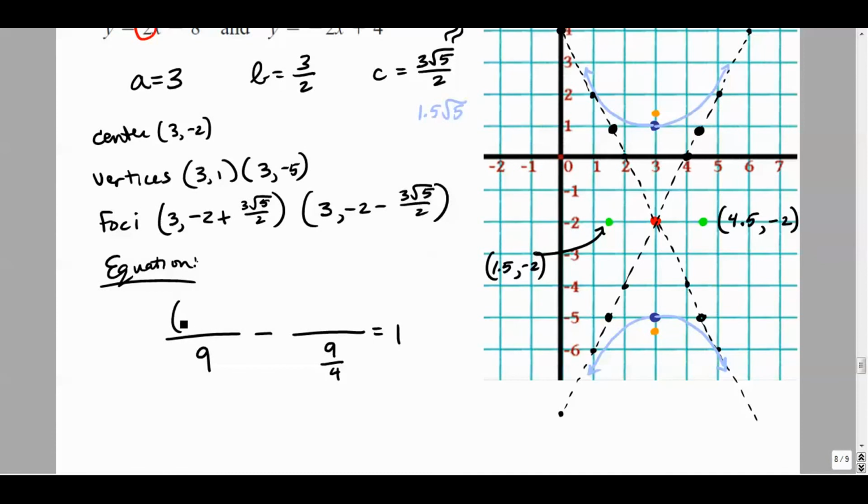And this is y minus k squared, and the center is h comma k. So that's going to be y plus 2 squared and x minus 3 squared. And I think that ought to do it. I guess you can probably simplify this a little bit, but I'll probably just leave it just like that.